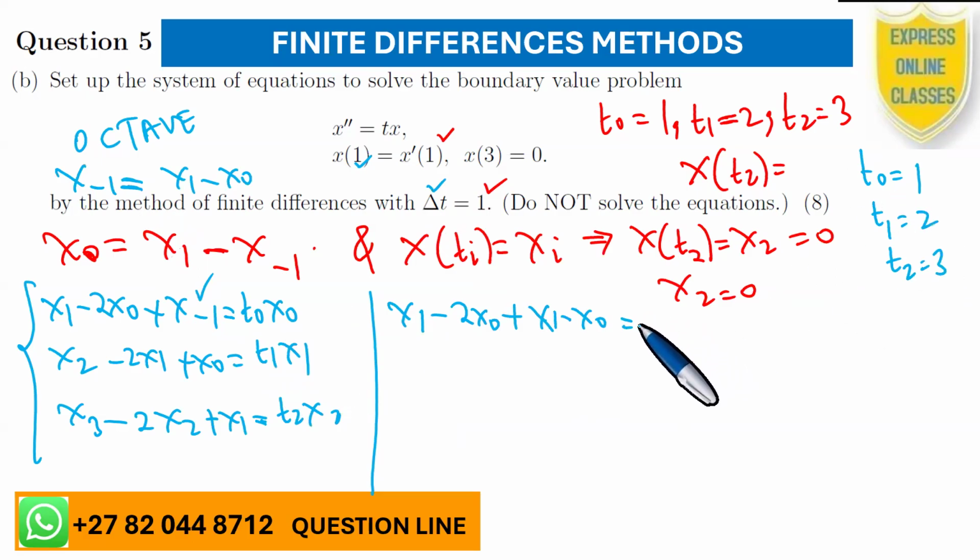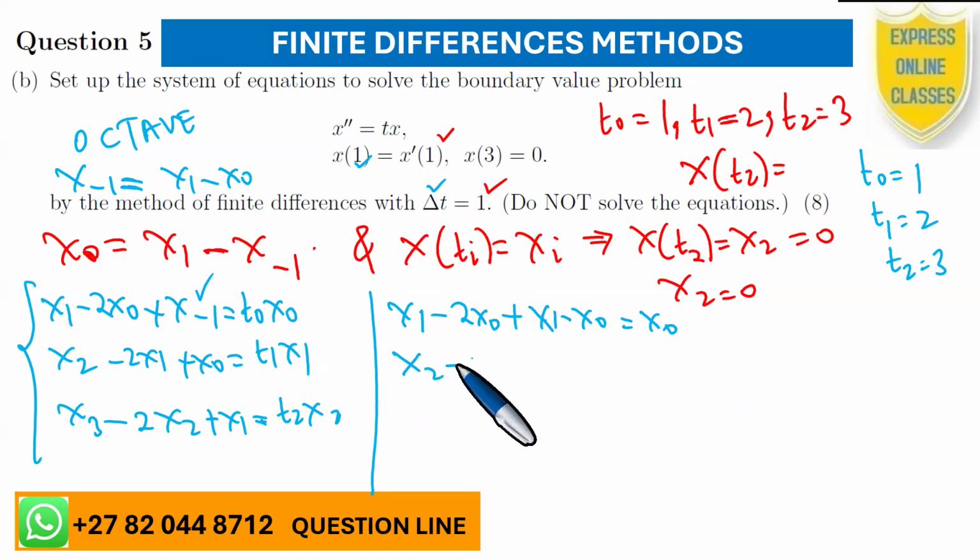So this is going to be 1 by x0, giving us just x0. There. We're going to simplify this. So we have been able to remove the negative index there by virtue of this condition. Then we're going to use our Octave to solve this system.